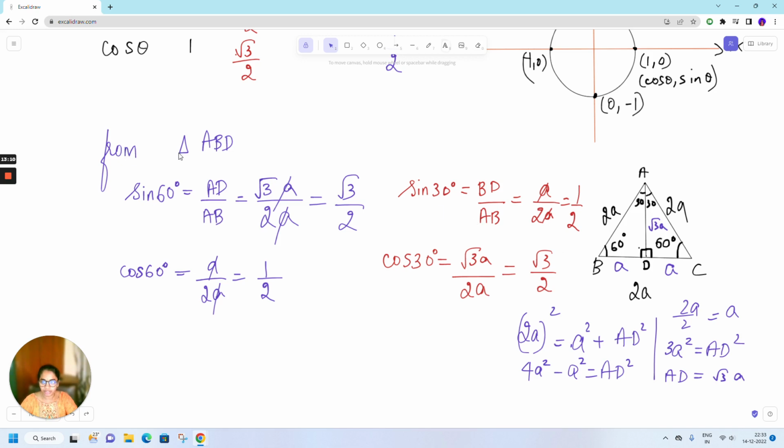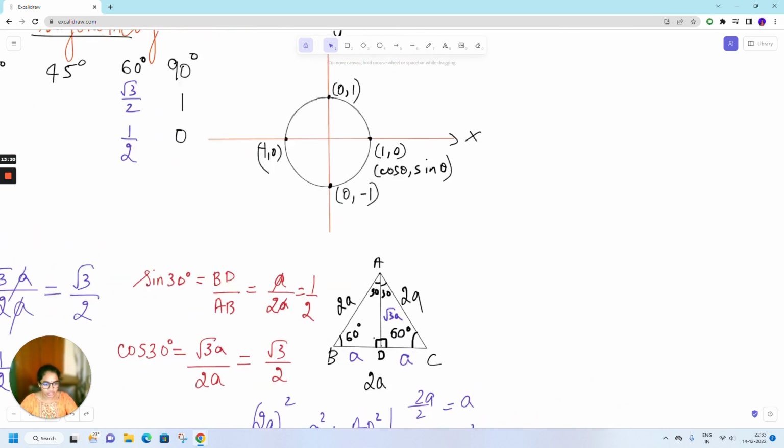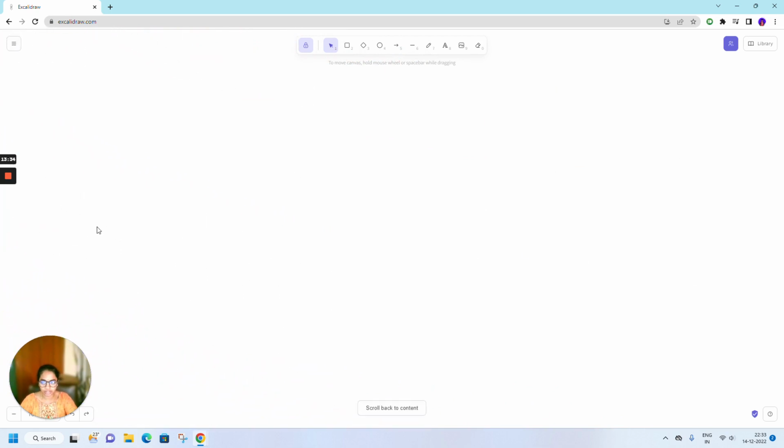From the triangle ABD, we applied sine 60, cos 60, and then we applied sine 30, cos 30, and we got these values. Now, for 45 degree, I will take an isosceles triangle. What do you mean by an isosceles triangle?